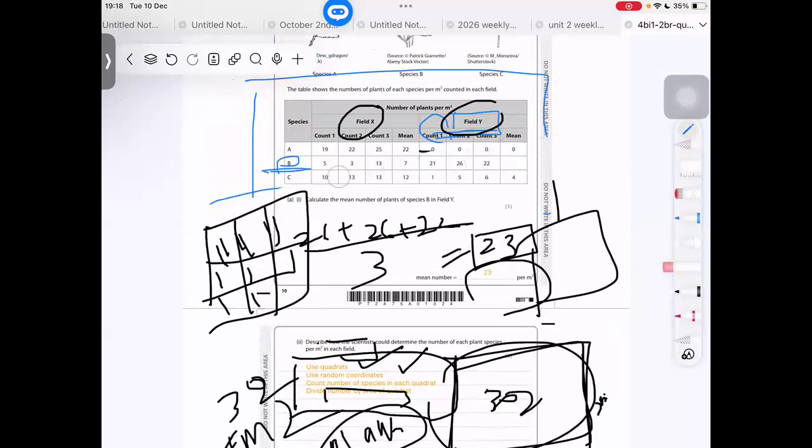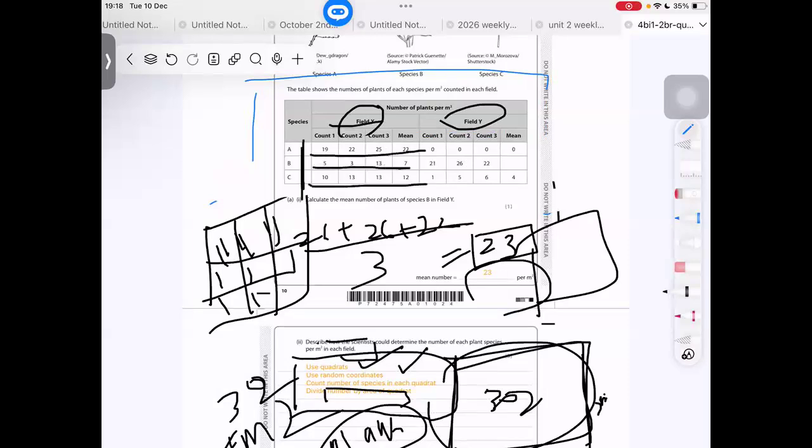As soon as you take a look at this table, can you see field X? It has 3 species. Look, all the 3 species have counts, right? But if you take field Y, species A has 0 count.